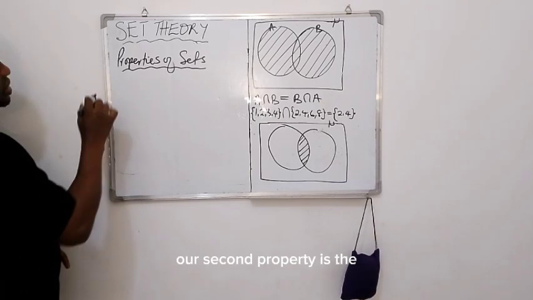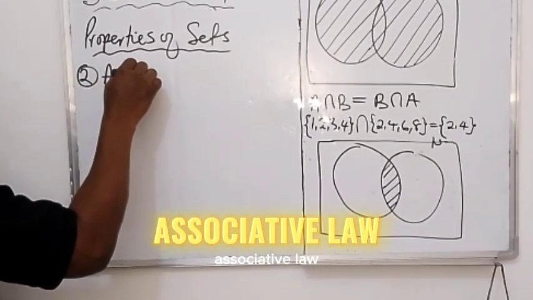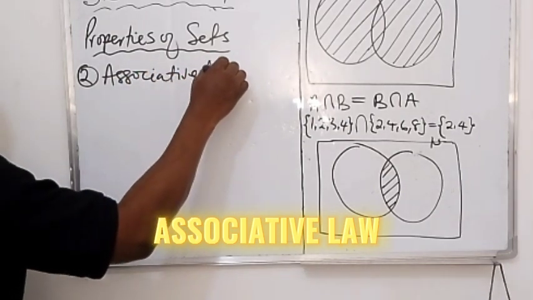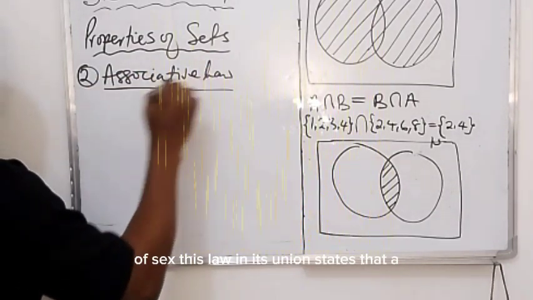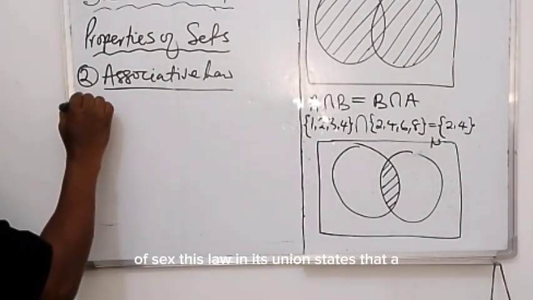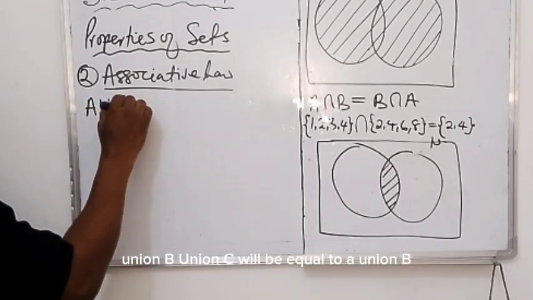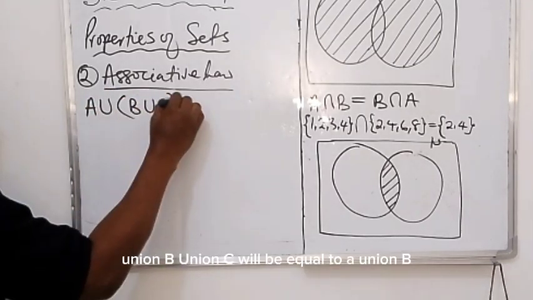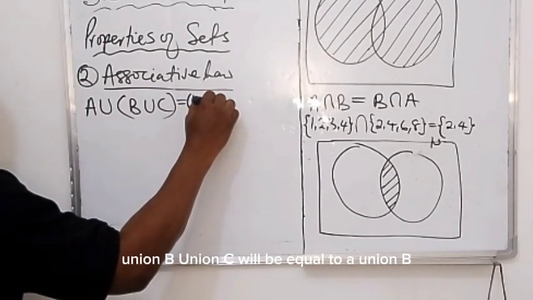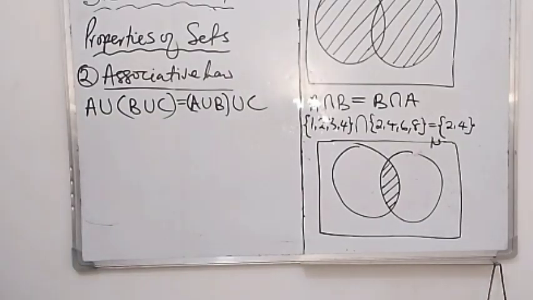Our second property is the associative law of sets. This law, in its union, states that A union B union C will be equal to A union B union C, with the grouping changed.